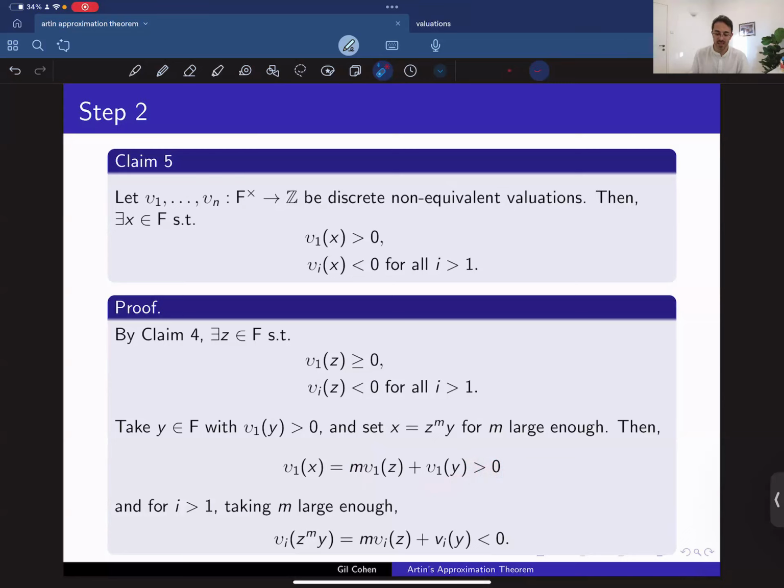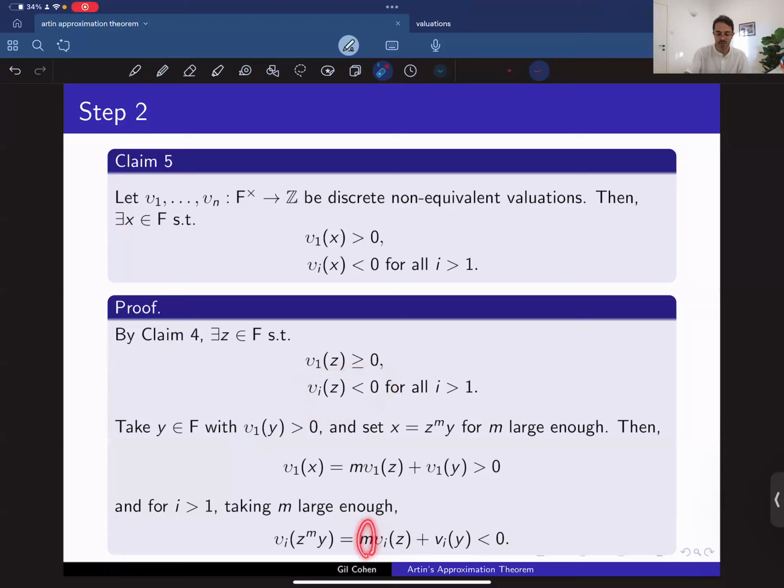And for the other i's, Vi of Z to the M times Y is, again, M times Vi of Z plus Vi of Y, but you can always make sure that it's strictly smaller than 0. I don't know what Vi of Y is, because Y was chosen just according to V1. But you have just a bunch of numbers, n minus 1 numbers here, and Vi of Z is negative for every such i that's not 1.